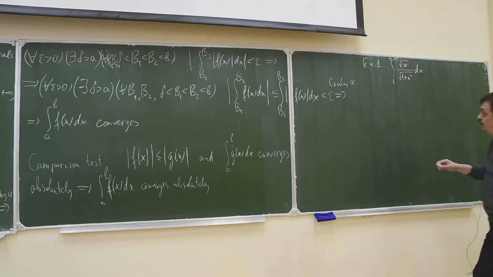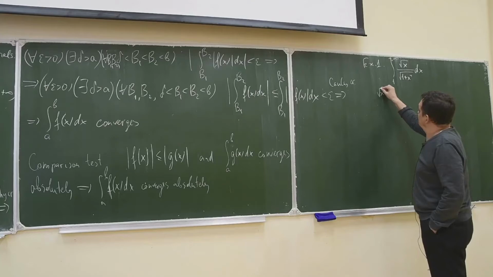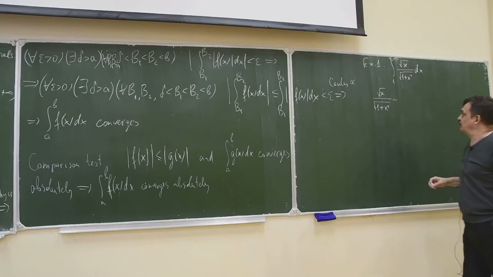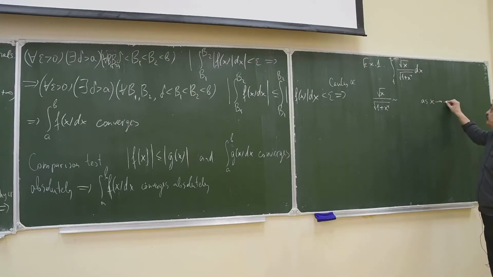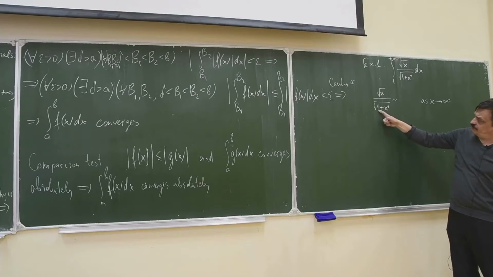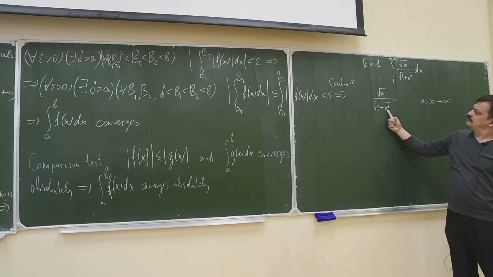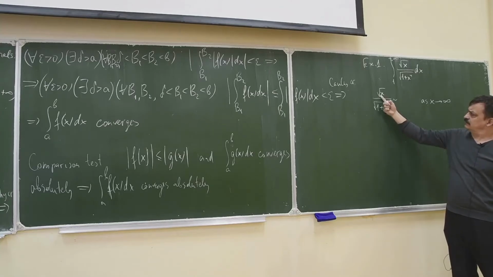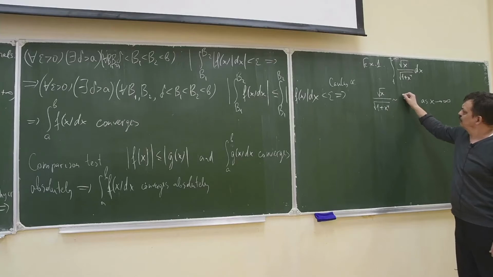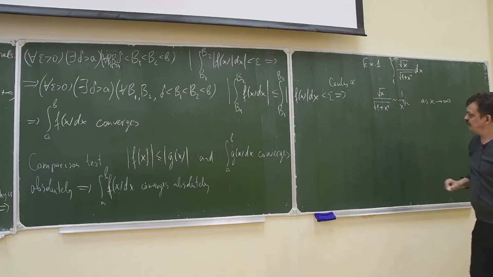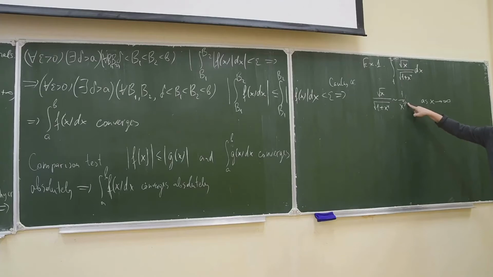Because, what we know, square root of x over square root of 1 plus x to the power 4 is equivalent to what, as x tends to plus infinity? If x tends to plus infinity, then we may forget about 1, and what we have? x squared in the denominator, so square root of x, it means 1 over x to the power 3 over 2, as x tends to infinity, right?